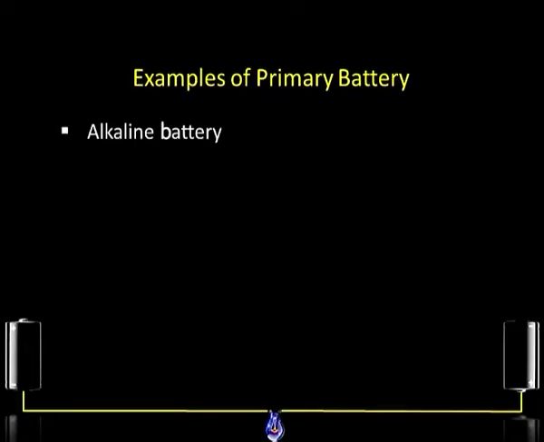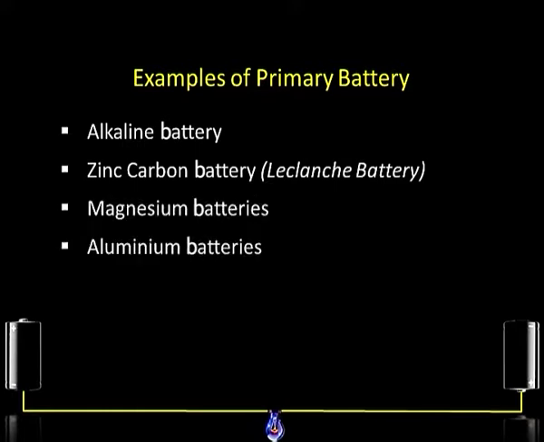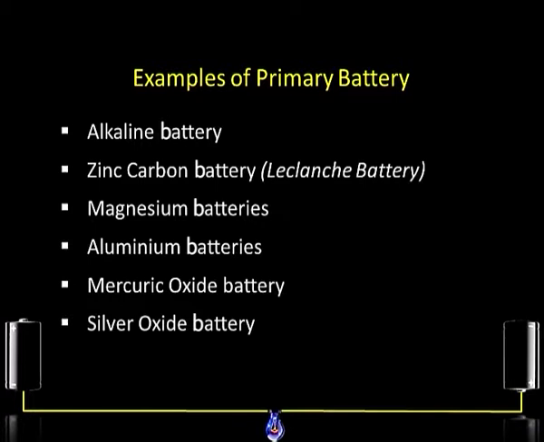Some common examples of primary batteries include alkaline battery, Leclanche battery, because it was invented by Leclanche, or zinc carbon battery, magnesium batteries, aluminium batteries, mercury oxide batteries, silver oxide batteries or lithium batteries.